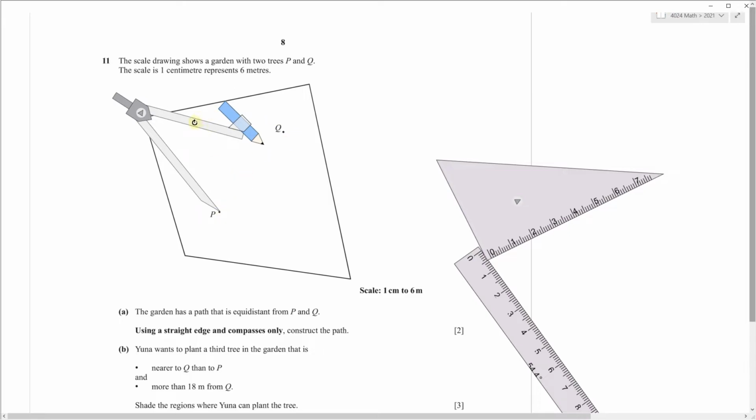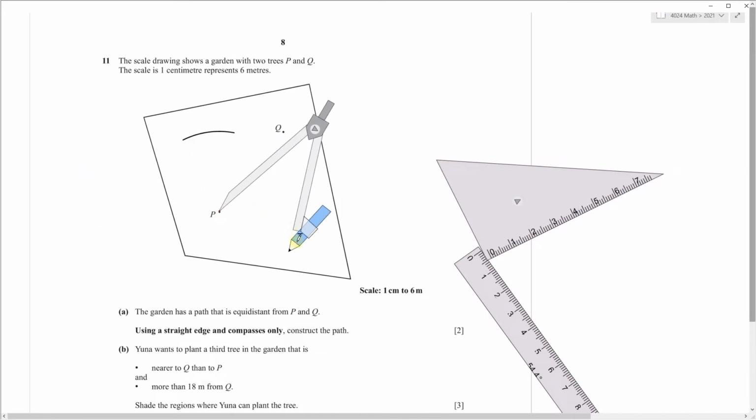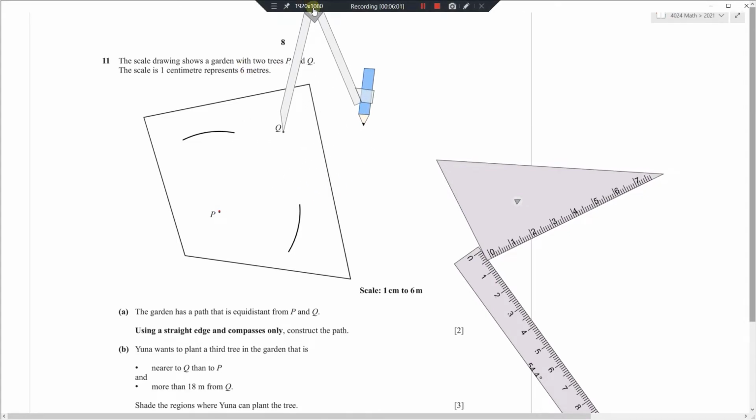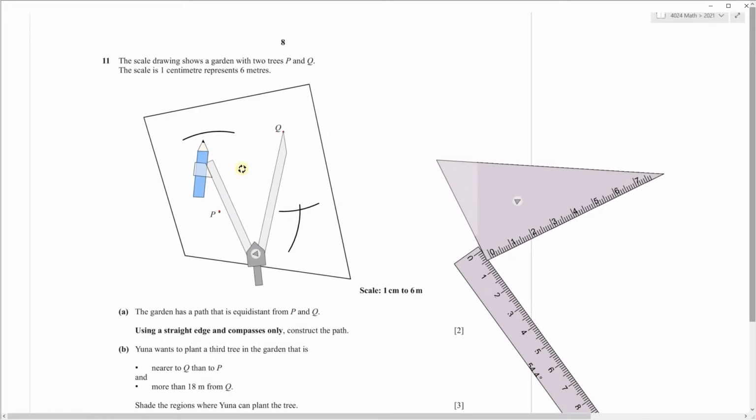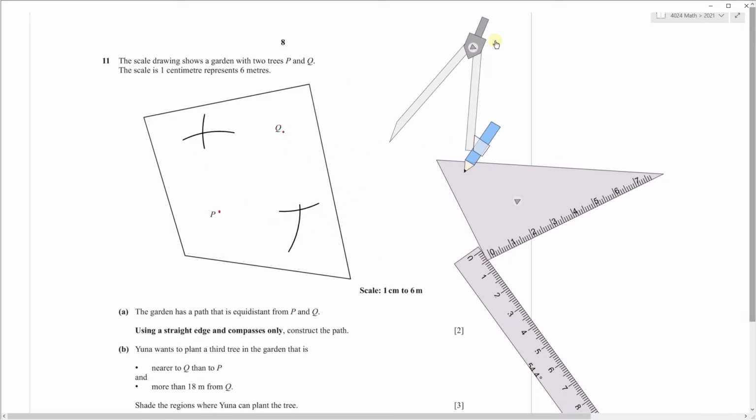Placing it at P first, I'll draw two arcs on either side. One here, another one here. Then without changing the length of the compass, I'll place it at Q and then draw another two arcs like this and like this.